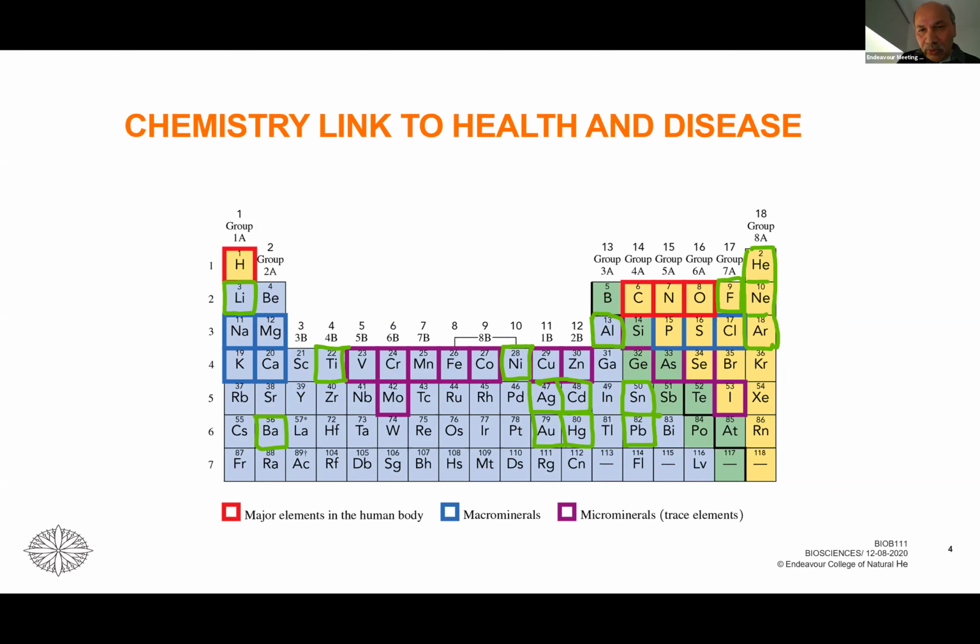B for boron, carbon, nitrogen, oxygen, silicon, phosphorus, sulfur, arsenic, selenium. Then you have group 7A. What do you call group 7? Halogens. And group 8? Noble gases. Noble gases don't take part in any chemical reaction.